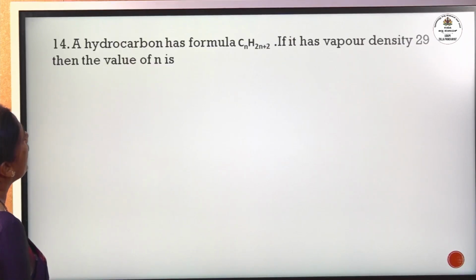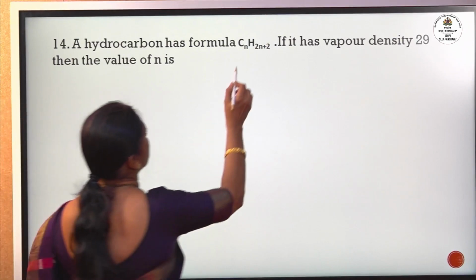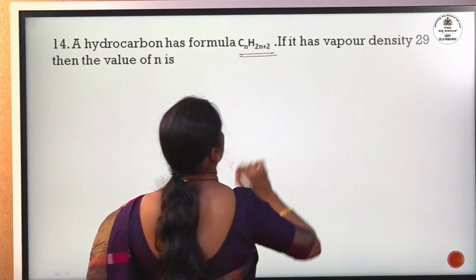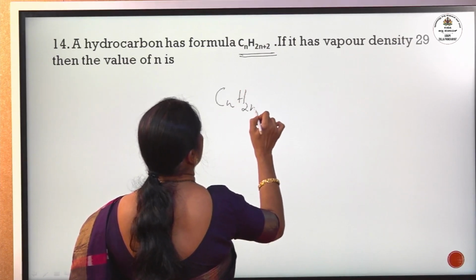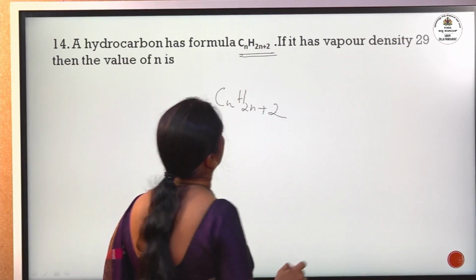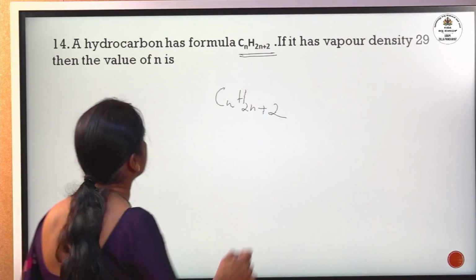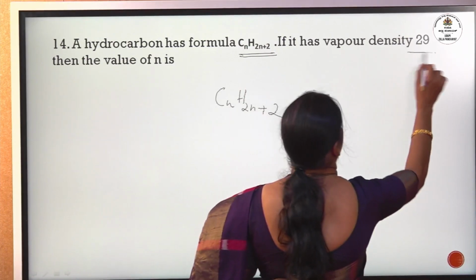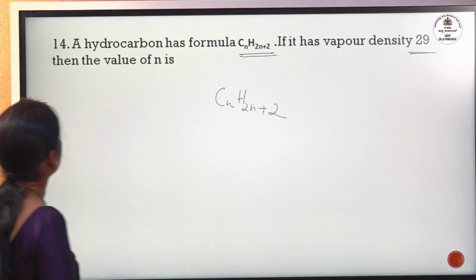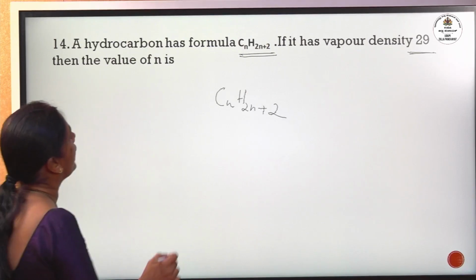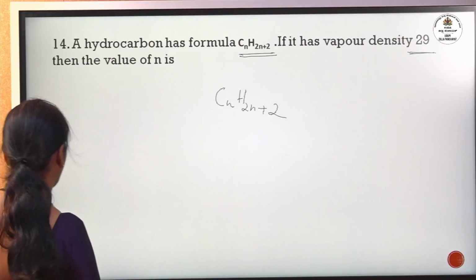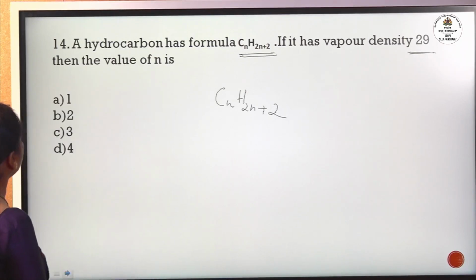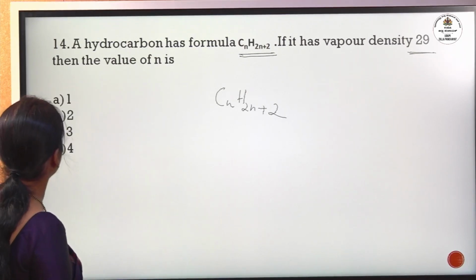A hydrocarbon has formula CnH2n plus 2. If it has vapor density 29, then the value of N is, we have to find out. The options given are 1, 2, 3, 4.